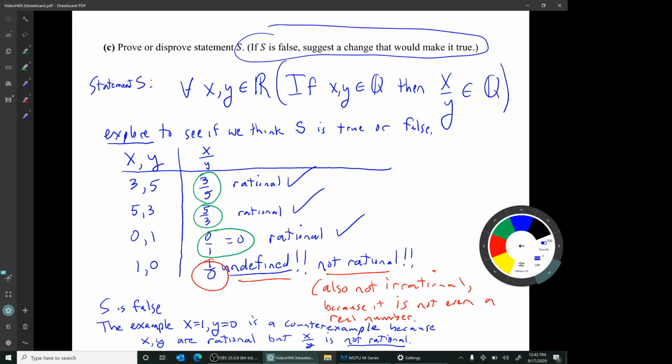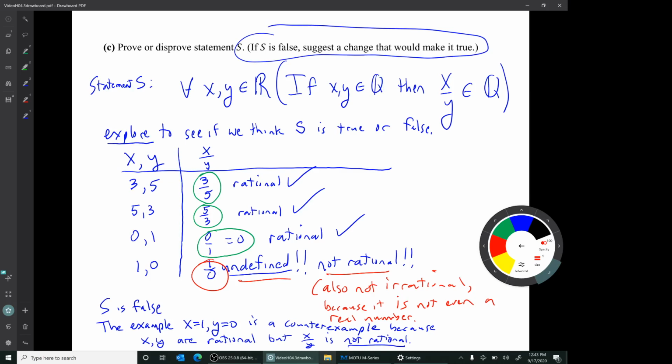Now notice that for my sample x's and y's, I was supposed to explore by looking at x's and y's that were rational numbers. I only looked at x's and y's that were integers though. What would have happened if we had used x's and y's that were rational numbers that were not integers?